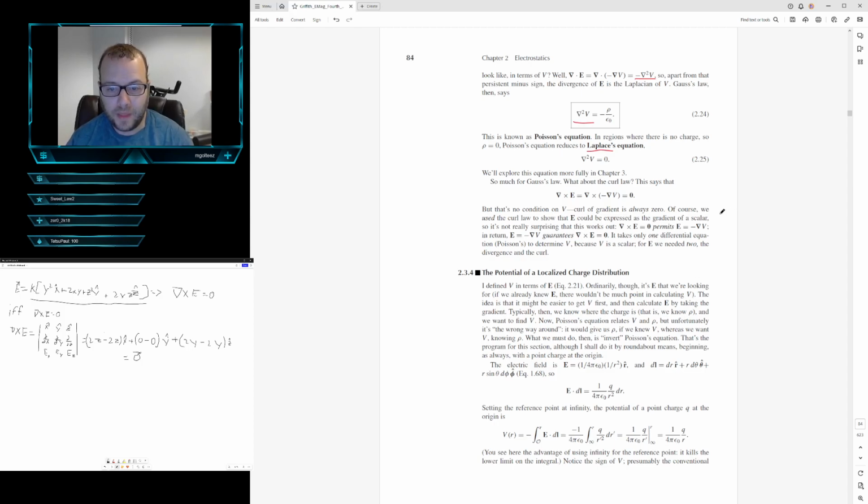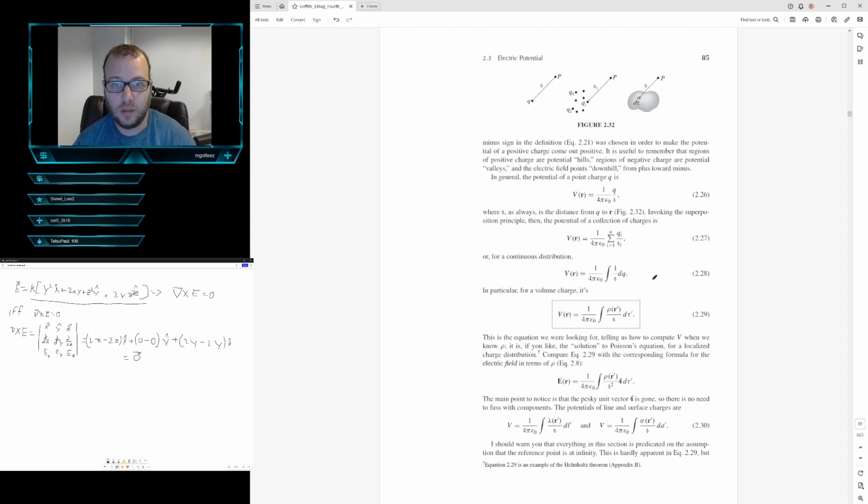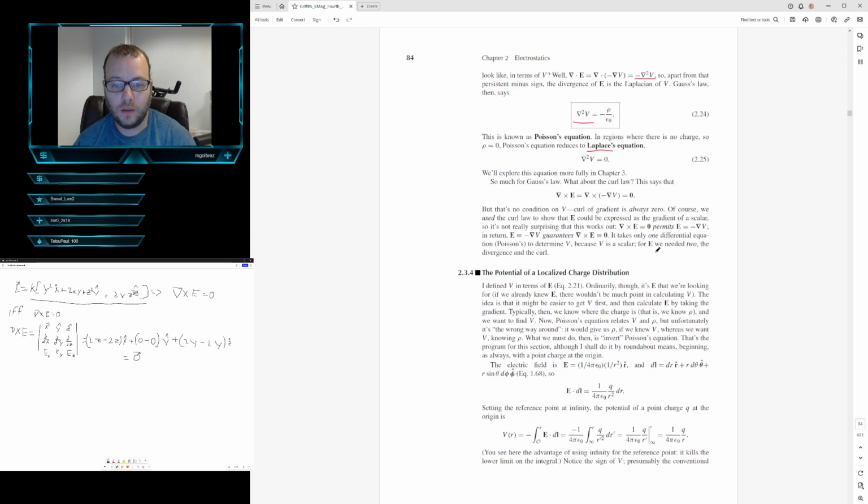So, if we have a localized charge distribution, we find that we have the same electric field as that of a sphere, just R is small.